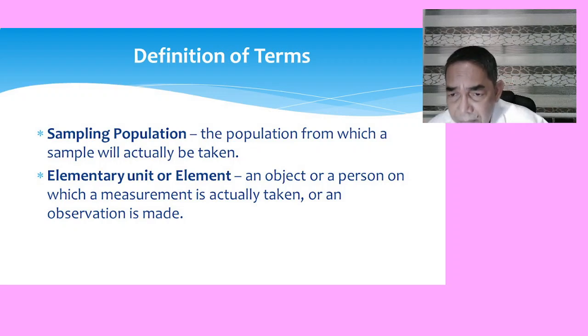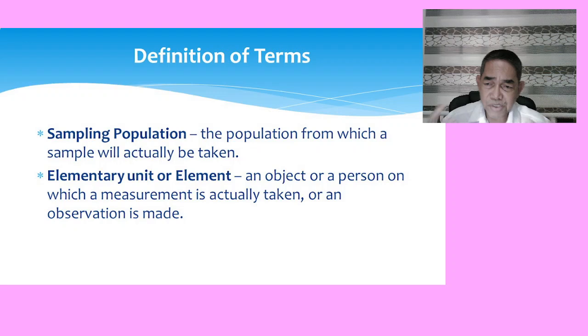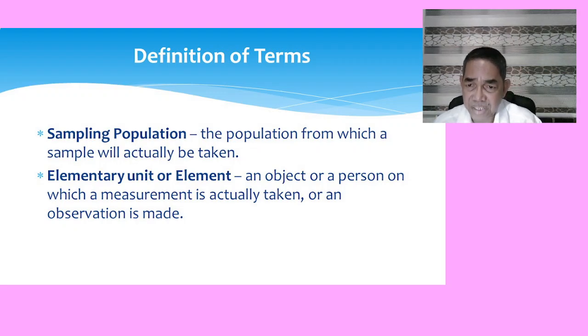We call them the sampling population. So the medical students in FEU, in UP, in UST, in UE, in Fatima, in MCU, is what we call the sampling population. So that's where the sample will actually be taken.